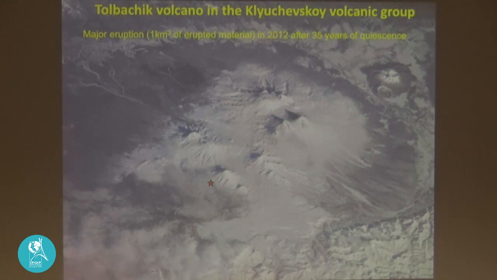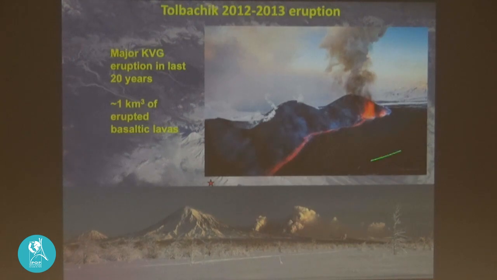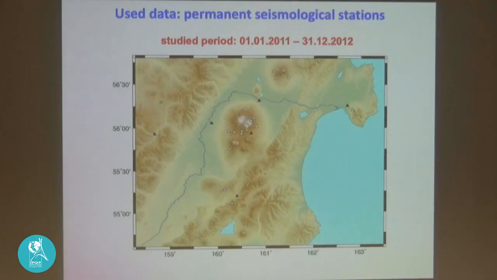This was a Hawaiian style eruption with nearly basaltic magmas, but important lava volumes. So this was a major event in this volcanic group, and we tried to figure out what happened before this eruption.